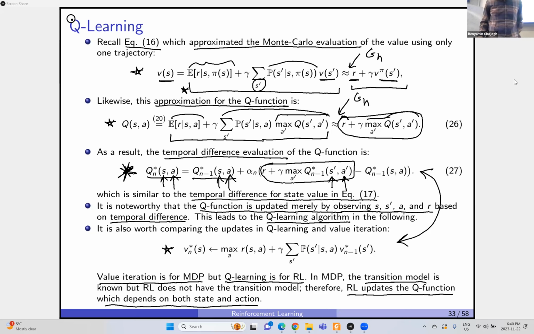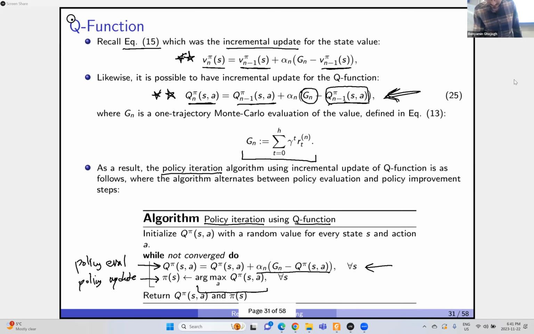And likewise here. No, it's not GN. This is GN. Do you remember it was the total discounted rewards? This is it. Okay, used in the temporal difference, right? Here we have it. Here we have it.